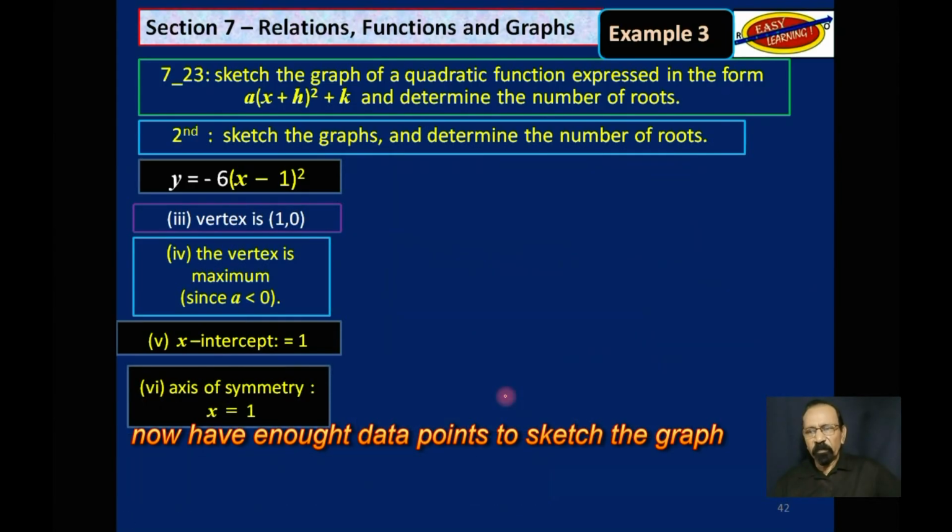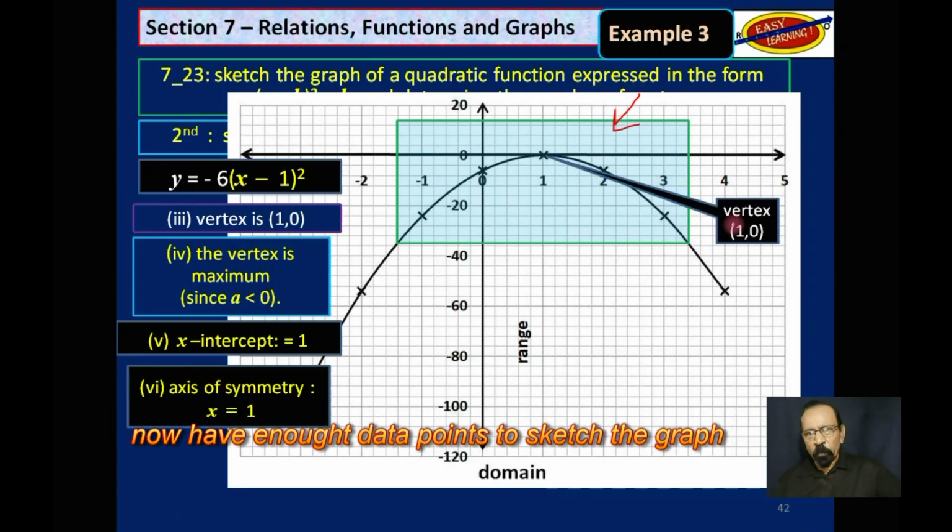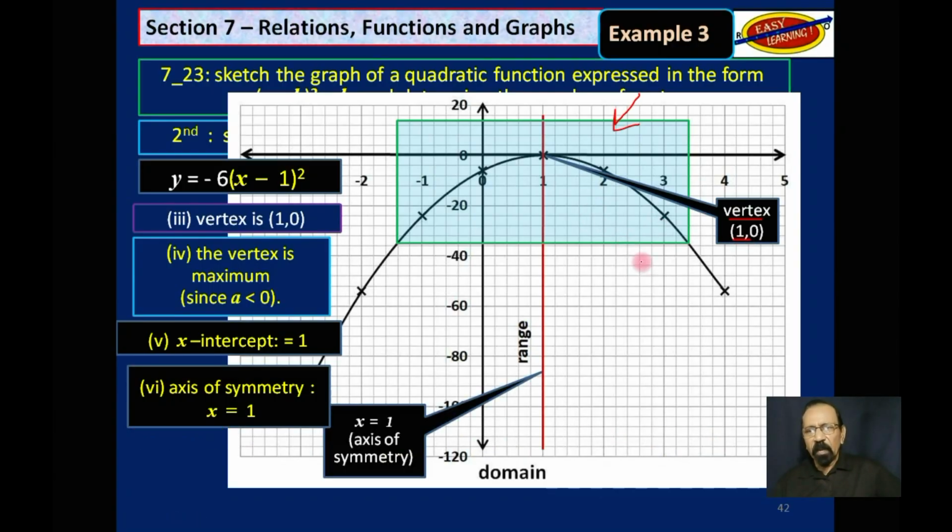Now, with those 5 points, or even 3, one from here, that vertex, and one from down here, anyone, we now have enough information to plot the graph, which will look like this. You don't need to plot this graph as big as that. All you need is this part here in green. We have the vertex, which is 1, 0. We have the axis of symmetry, which is x is equal to 1. We know the x-intercept is 1.